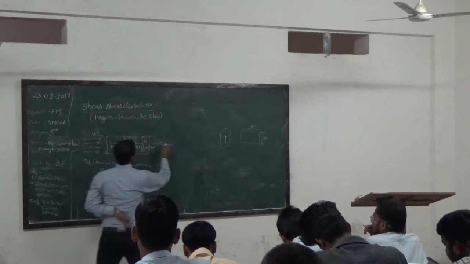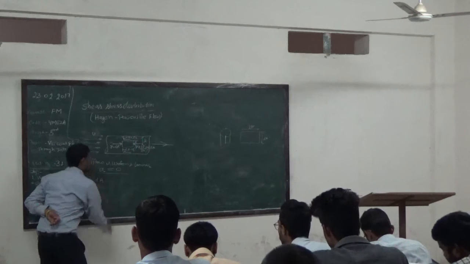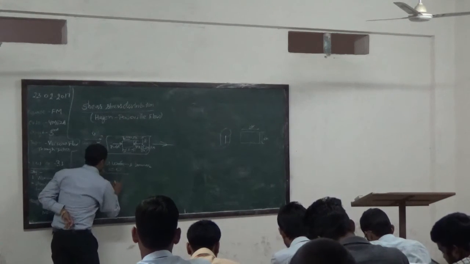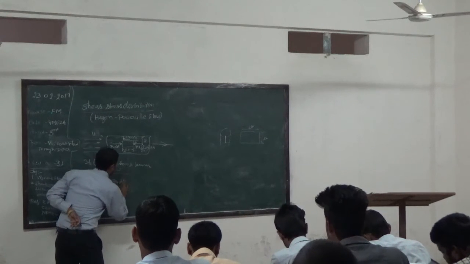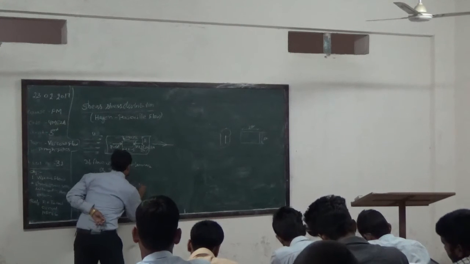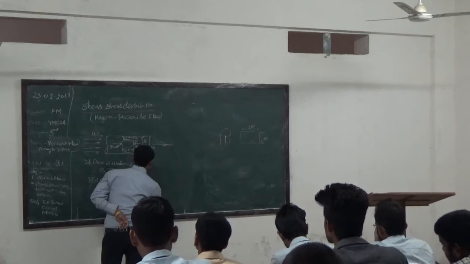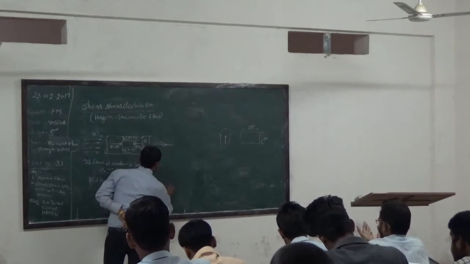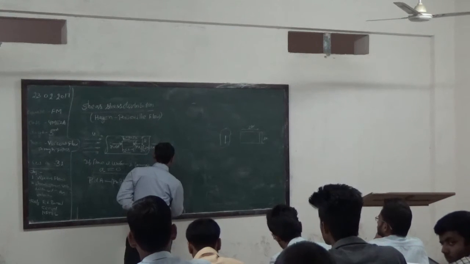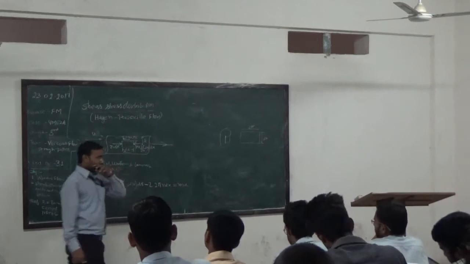So the forces are: the first force is P into dA minus (P plus del P over del x into dx) into dA minus tau into 2 pi r dx, is equal to mass times acceleration.